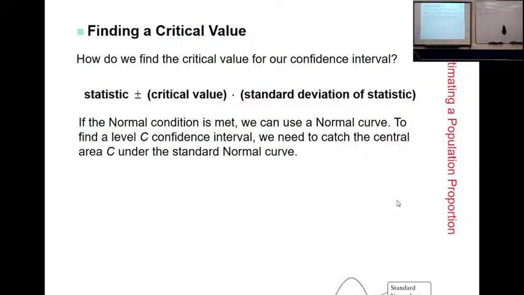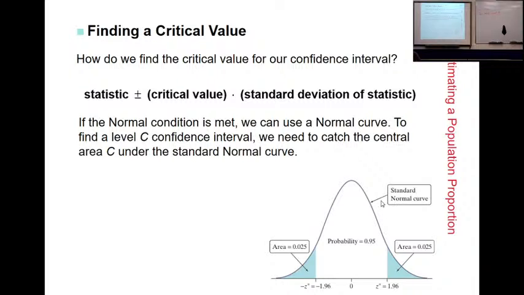What that means is that a 95% confidence interval is not at the 95th percentile. Because remember, percentile deals with all of the area to the left. And so all of the area to the left will be the 95% here plus the 2.5% that's on this left tail.